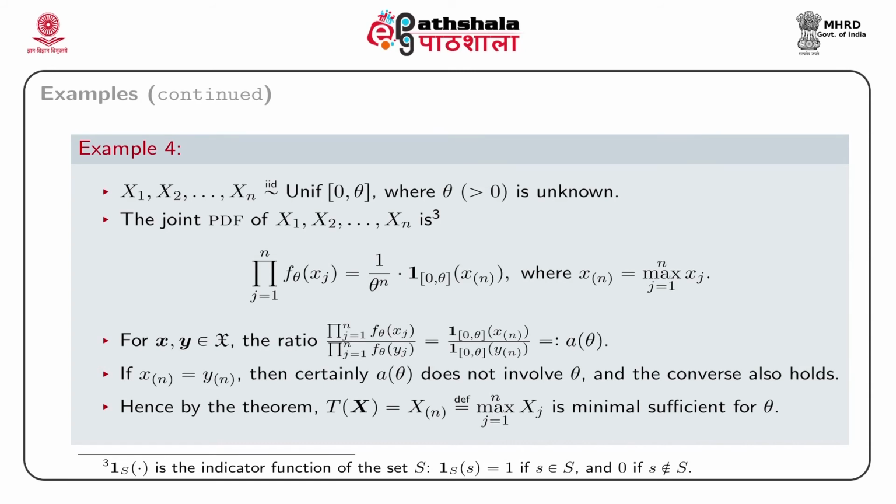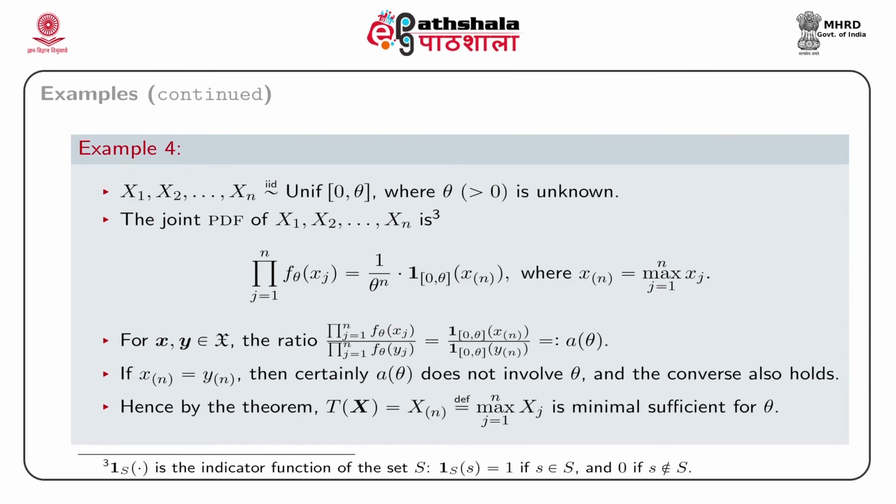Now, for the sake of simplicity, suppose that x_(n) equals 2 and y_(n) equals 0.5. Then a(theta) equals 0 when theta equals 1, a(theta) equals 1 when theta equals 3, and a(theta) equals 0/0 when theta equals 0.1 respectively.